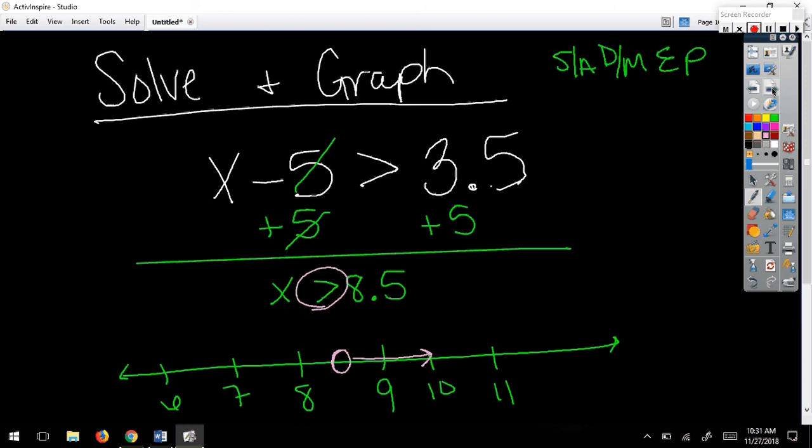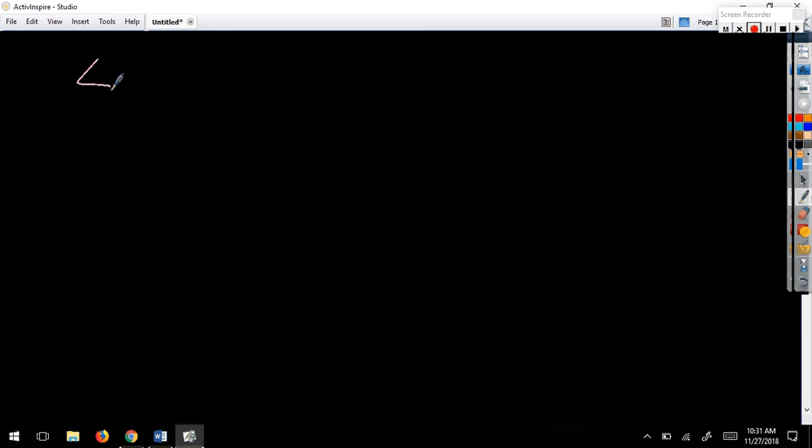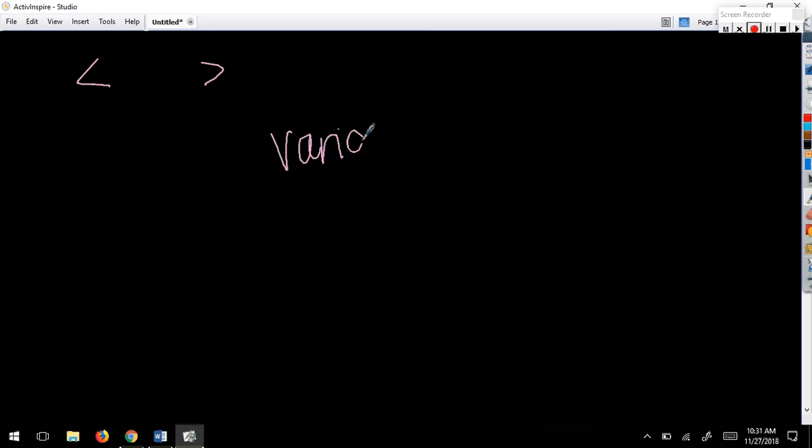Let's do another. Now, let me give you this hint before we do it. You know I've been telling you about less than and greater than and which way it goes? This only works if your variable has to be on the left side when you do this. So it's got to be the variable and then the sign, okay, for this to work.